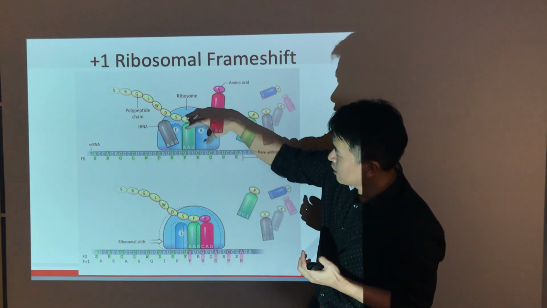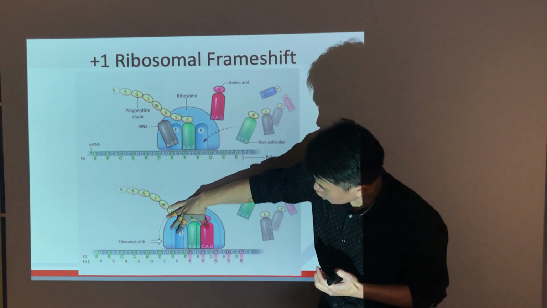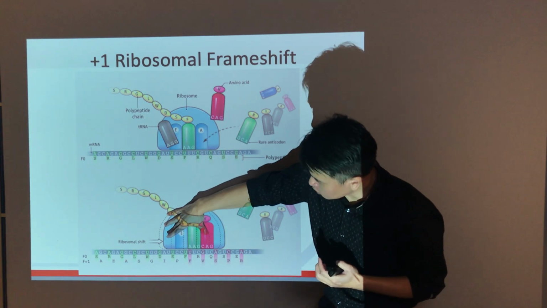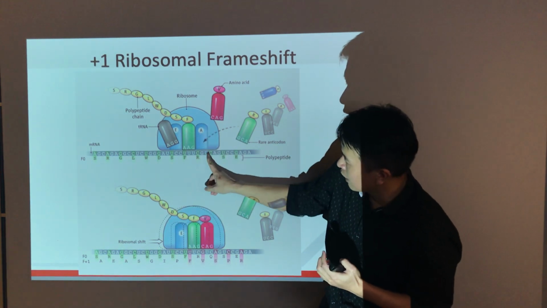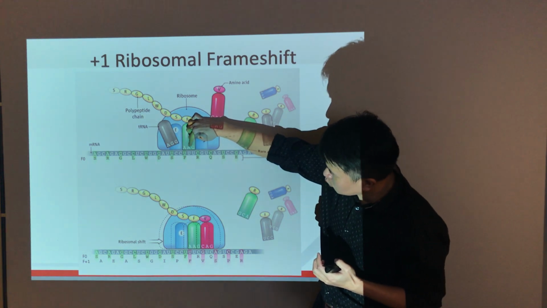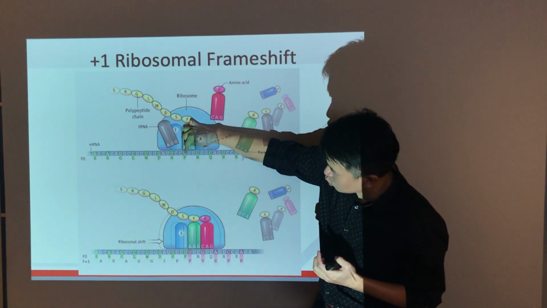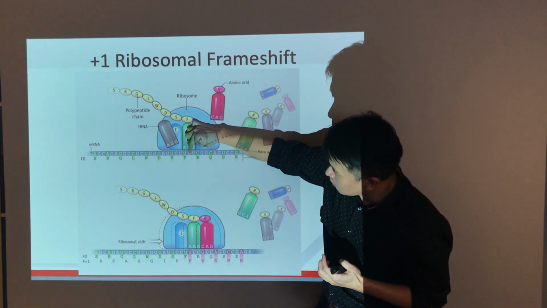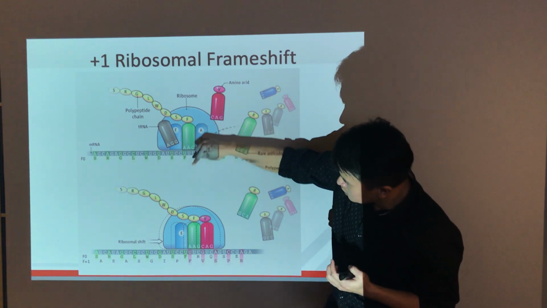So what happened here? The whole ribosome shifted one nucleotide forward, where this AA supposed to be AAA that is complementary to UUU. Now this AAG is complementary to UUC here.